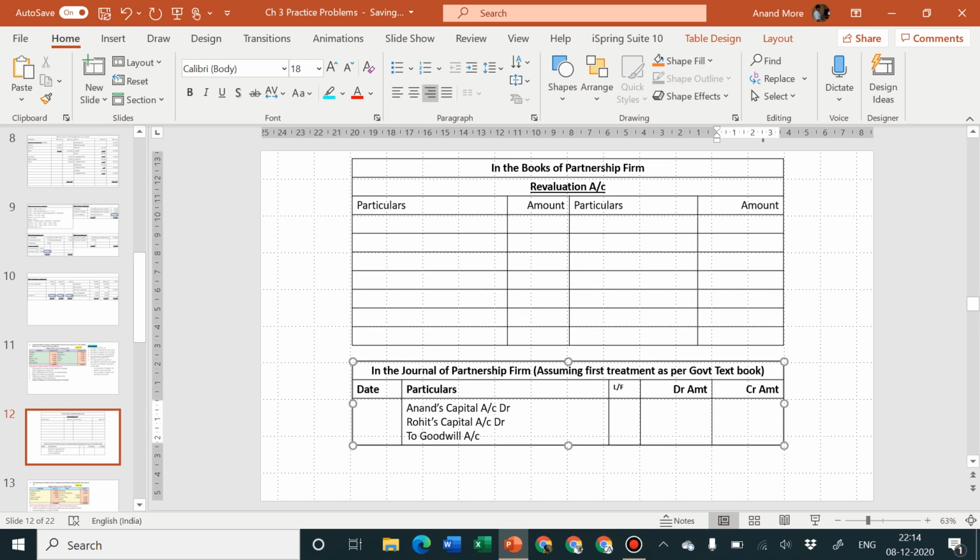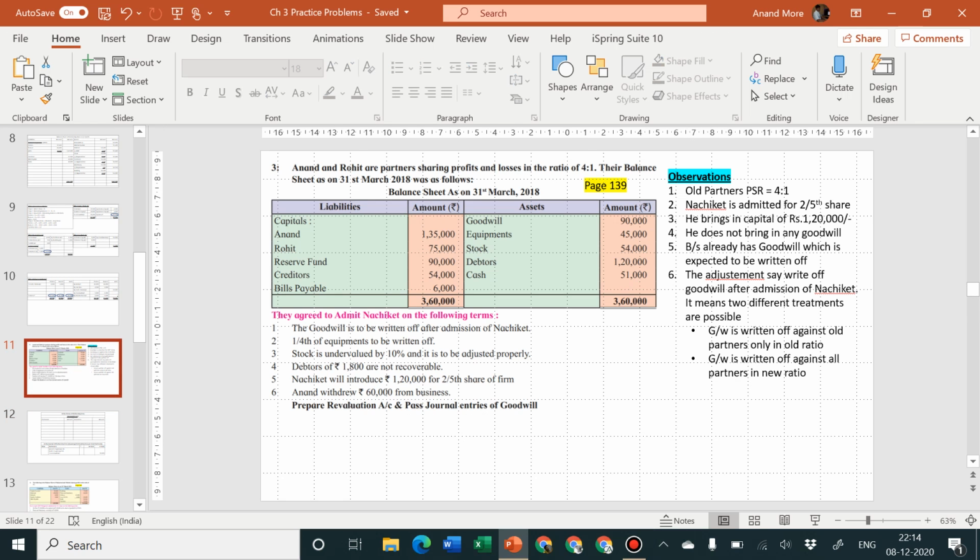So we are going to consider 90,000, and it is to be written off to Anand and Rohit in which ratio? In their old ratio. Old ratio was 4:1. That means 4 pieces to Anand and 1 piece to Rohit. That goes to 5 pieces in total. So 90,000 is the amount of goodwill which we are already having.